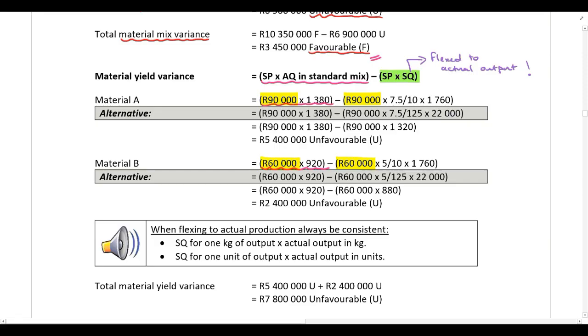You take the standard quantity in order to make 1 kilogram of output, and you multiply that by actual output. But because you are working with the standard for 1 kilogram of output, you need to multiply by actual output in kilograms. All right? So let's look at the calculation.